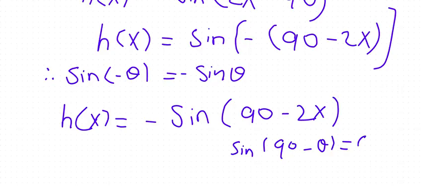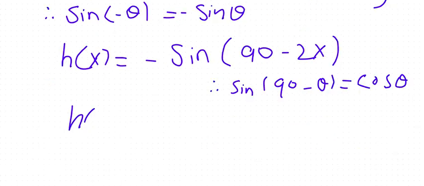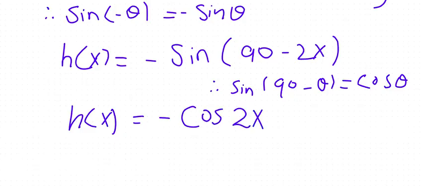We got h of x equals to minus cos 2x. Alright, so the equation of h in its simplest form, h of x, is minus cos 2x. This is the required answer that we had to prove. Okay?